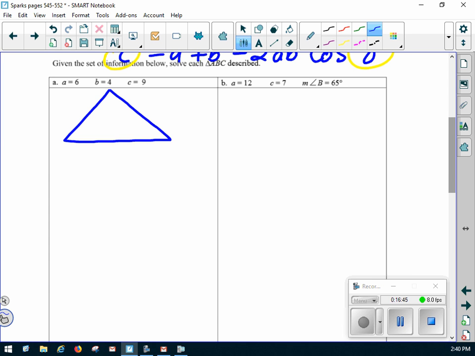Draw a picture. Don't put the right angle here at the shortest side, okay? So I'm going to put B equals 4, C equals 9, and A equals 6.